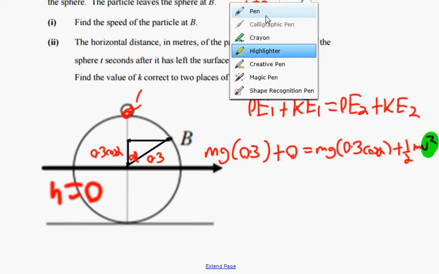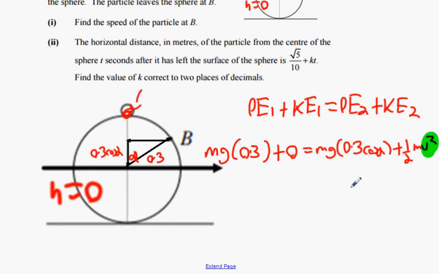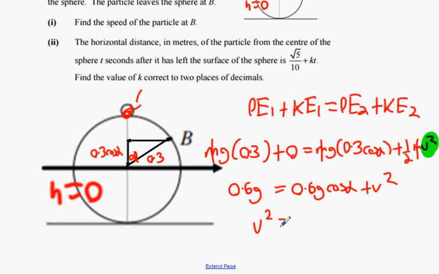So I'm going to multiply both sides by 2. I'm going to get rid of all the m's. So I'm going to get 0.6g equals 0.6g cos alpha plus v squared. v squared is therefore equal to 0.6g minus 0.6g cos alpha. And stop there.